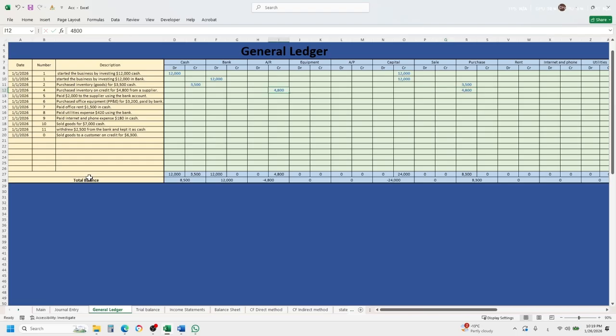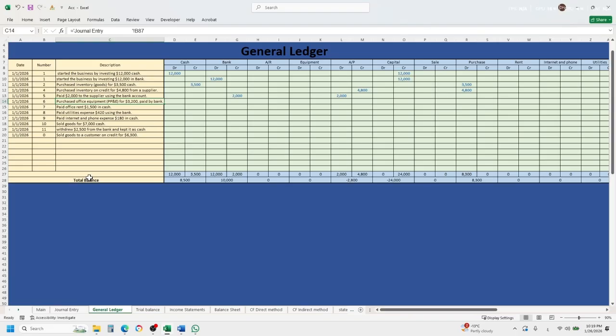Sorry, here. Let's go to account payable, 4,800. Paid 2,000 from this amount to the supplier through the bank account. Bank decreased 2,000 and account payable decreased 2,000, sorry.